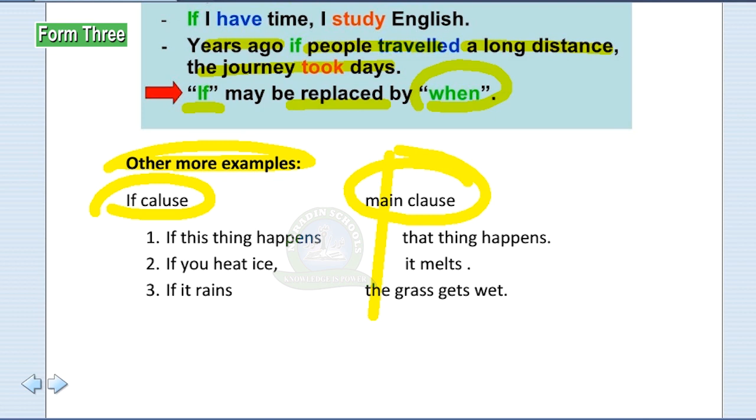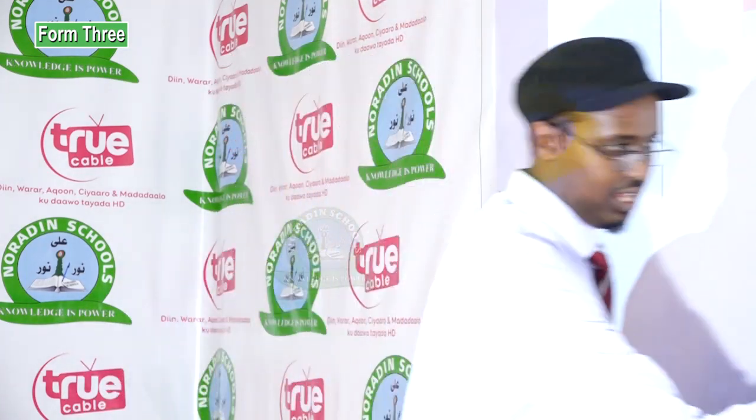If this thing happens, that is the if clause, and we have also the main clause here. If this thing happens, that thing happens. It's a general, scientific truth. If you heat ice, yes, it's true, it melts.